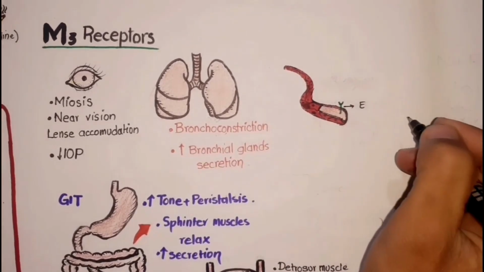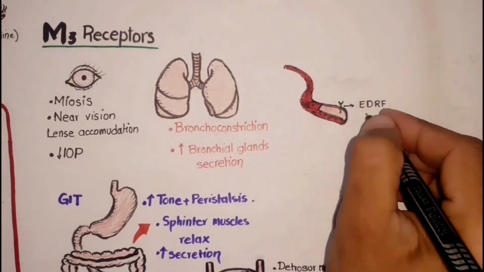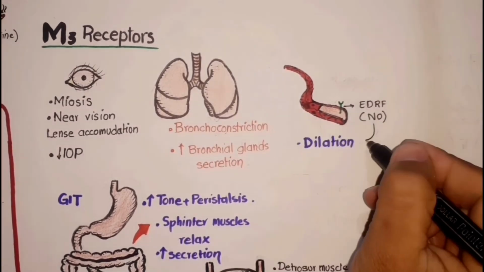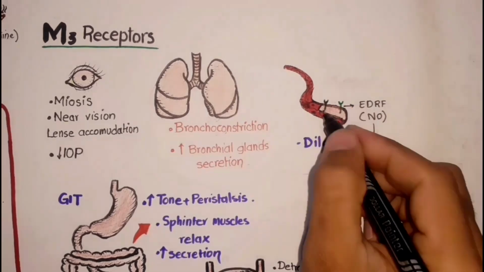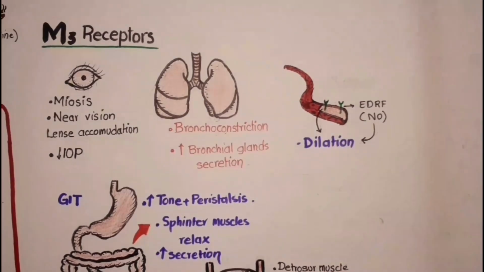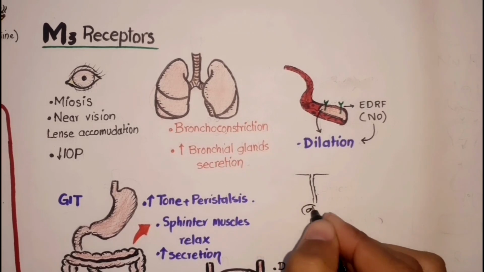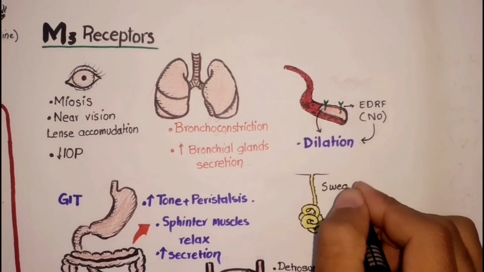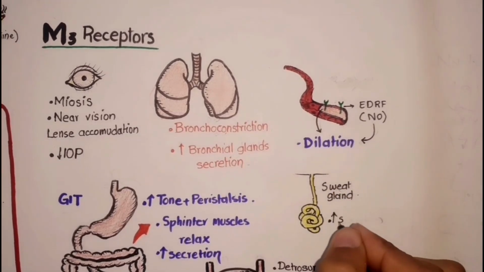This vasodilation is primarily mediated through the release of an endothelium-dependent relaxing factor, EDRF for short, which is nitric oxide, which diffuses to the smooth musculature, where it causes relaxation, while only a few are dilated directly through these M3 receptors' activation. Muscarinic receptors of the sweat glands are also the M3 receptors, which in response to stimulation increase secretion.